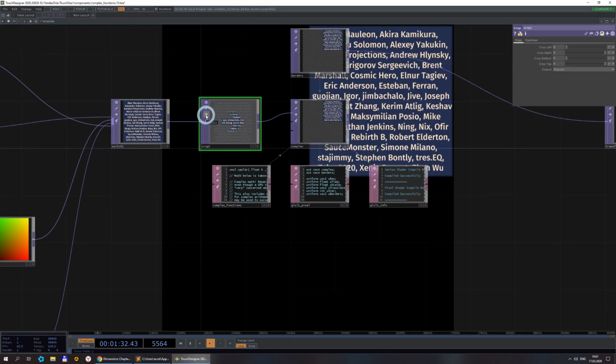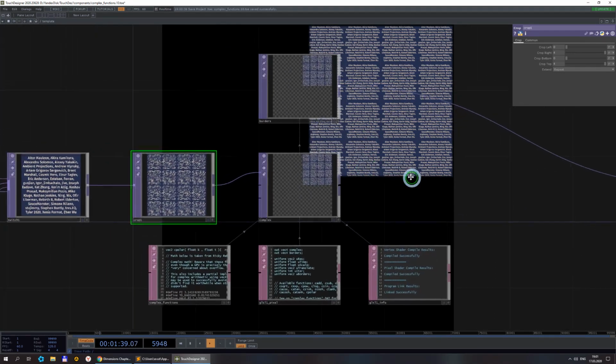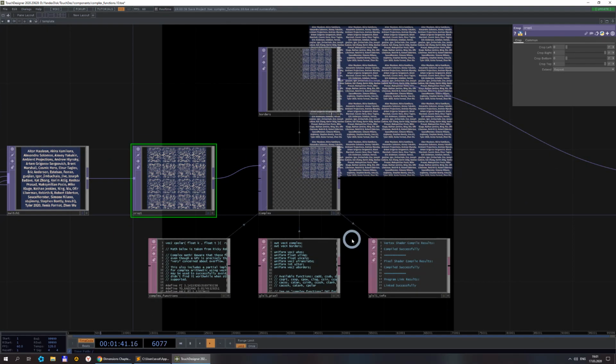Here I have a crop, because sometimes you want to multiply this effect, and recently I discovered, or actually not me, I found it somewhere else in some tutorial, can't remember who and where.